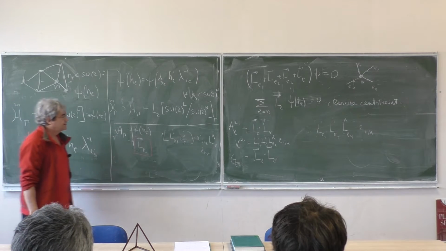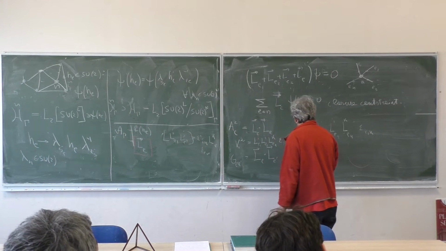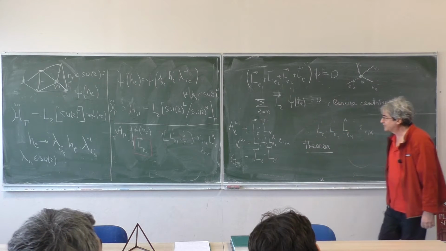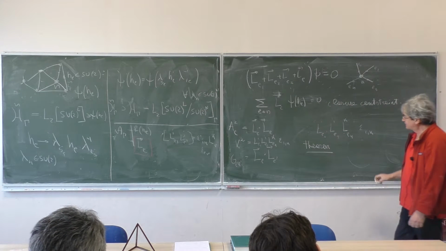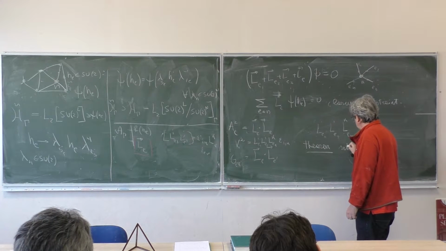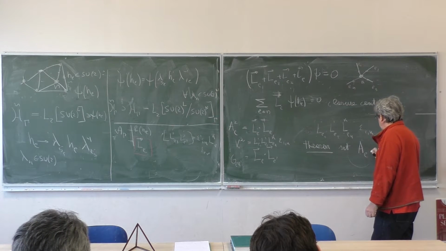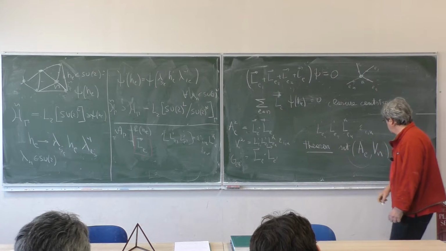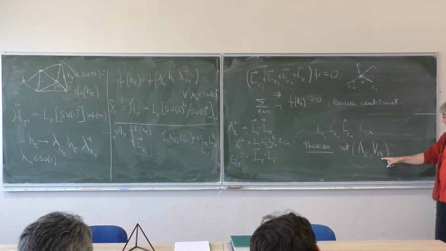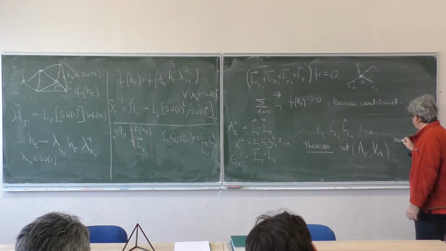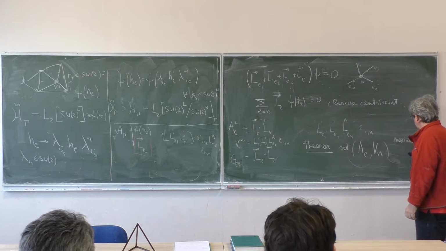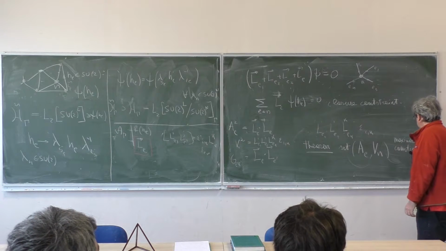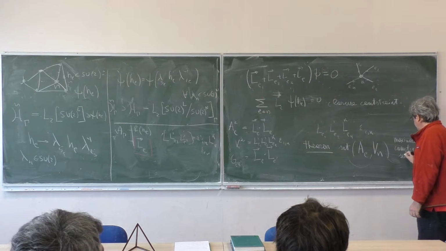And there's a little theorem, which I'm not going to prove. In fact, yes, I'm going to prove, because I'm going to diagonalize these things, that the set A_L, V_n, for all L and all n, is a maximally commuting set of operators in the sense of Dirac.